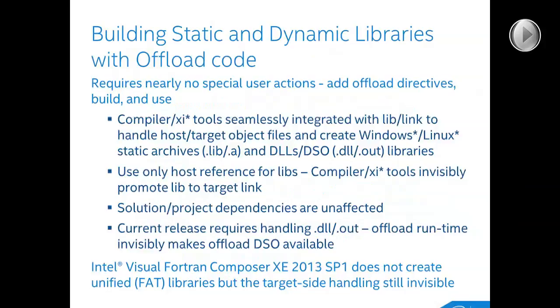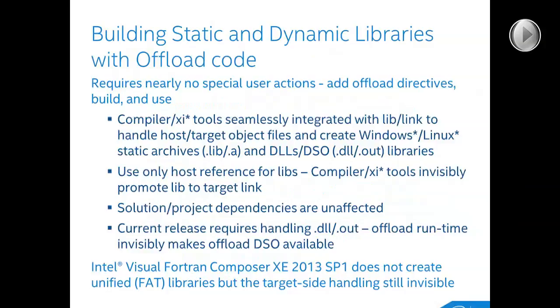We've taken the compiler and the XI tools, the xiar and xilib, and seamlessly integrated those with lib and link to handle these host and target object files that I described earlier, and create the necessary Windows host library and Linux sister library, whether you're building a static library or a DLL.